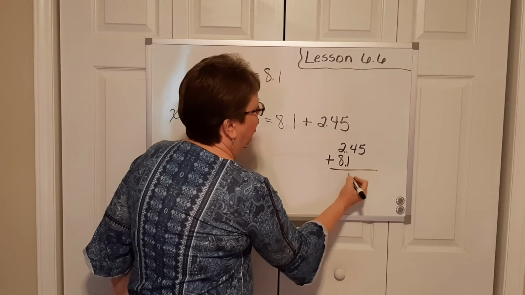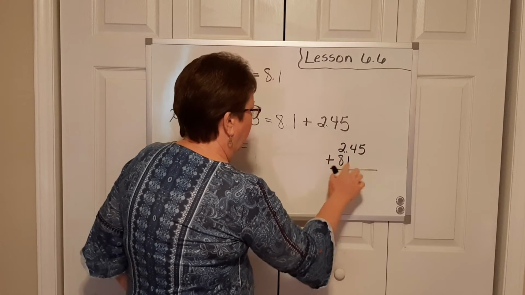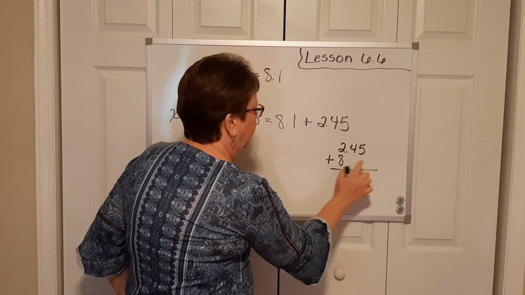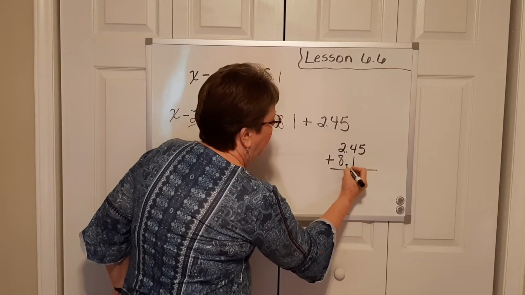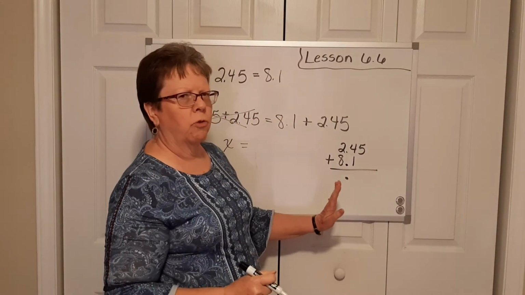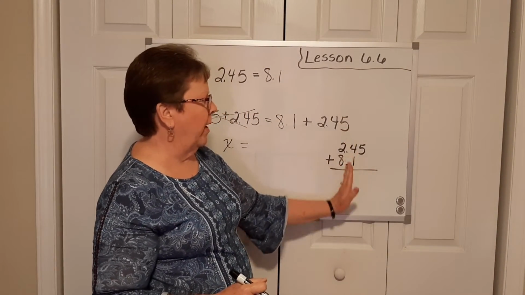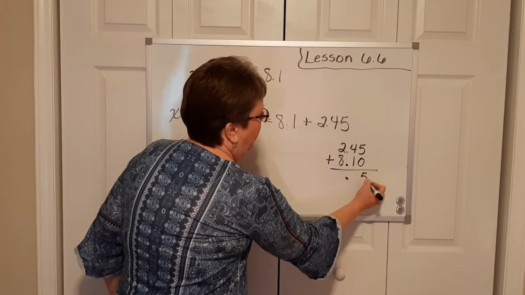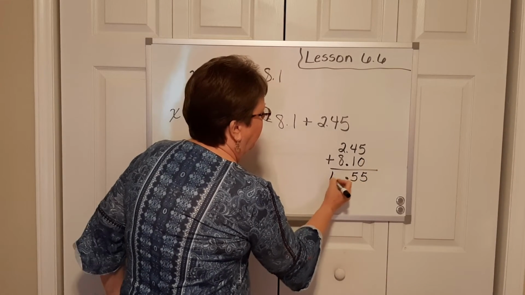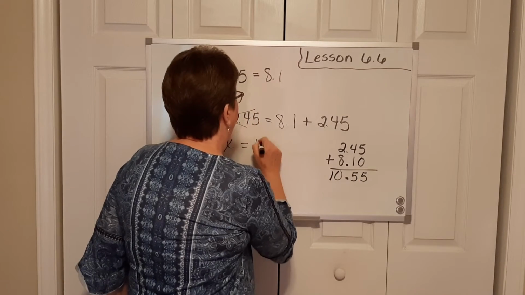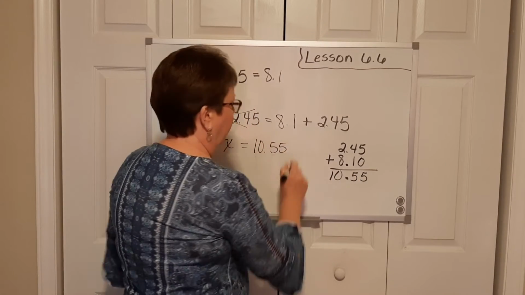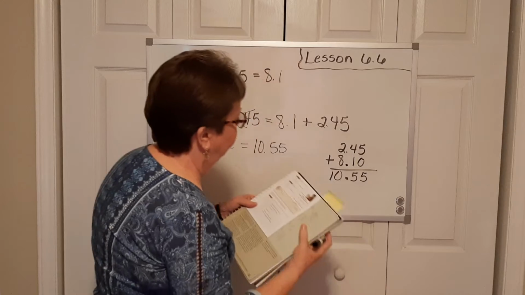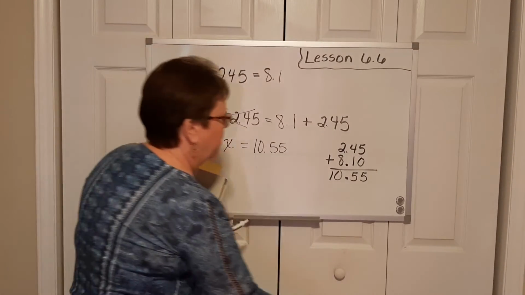Just a reminder, when you are adding or subtracting decimals, your decimal point has to stay lined up. So now we'll add. So 10.55 would be your answer. All right. Let's do one more.